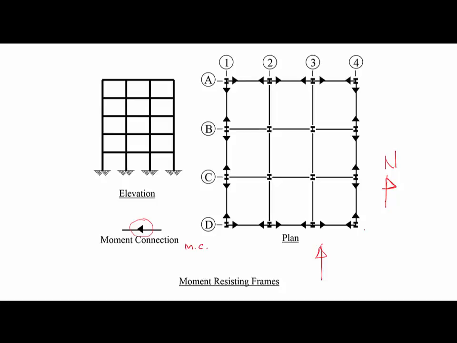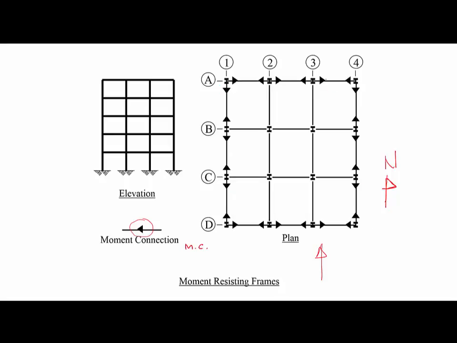Now since we have got simple frames along lines 2 and 3, they are not going to be able to take the lateral loads. Then all the lateral loads go through the concrete slab. Remember, the concrete slab is going to be very rigid. It is going to transfer the load to these two moment frames along lines 1 and 4.